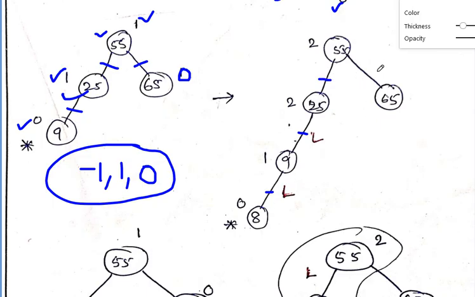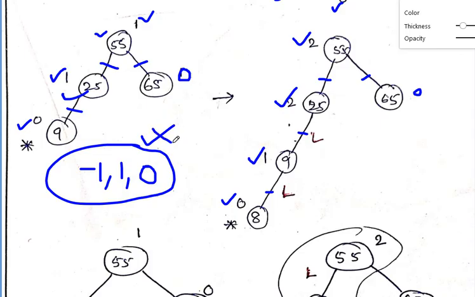So 3 minus 1 is the balance factor for 55. For 25 it is 2 minus 0, this is for 9, and for the 65 again the balance factor will be 0, because there is no left or right child. If we check it, it is not satisfying this particular condition.